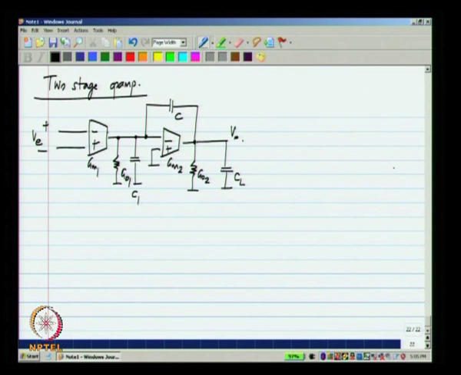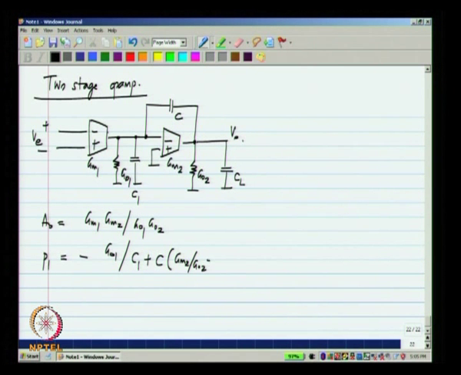And we also evaluated the expression for poles and zeros of this one. The DC gain is the product of the two DC gains. The low frequency pole is at minus GO1, that is this conductance divided by the total capacitance which is C1 and Miller multiplied C. And the second pole P2 is at the total conductance is GO2, but more predominantly the effect of GM2 in feedback.